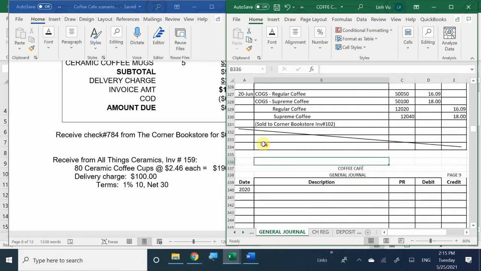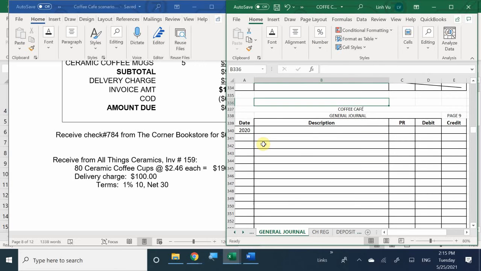Okay. And now I'm officially on the next page, which is page number 9. So how do we recognize this? Purchase expense, freight expense, and accounts payable.